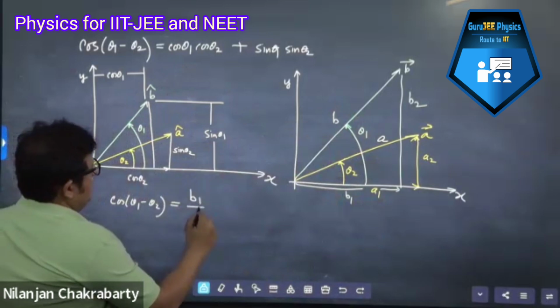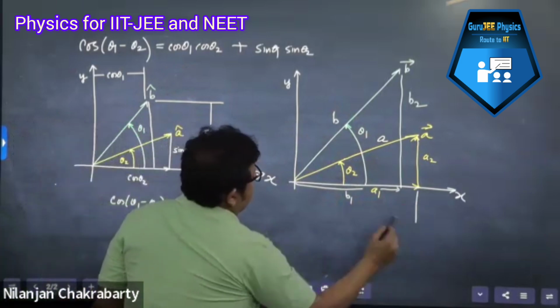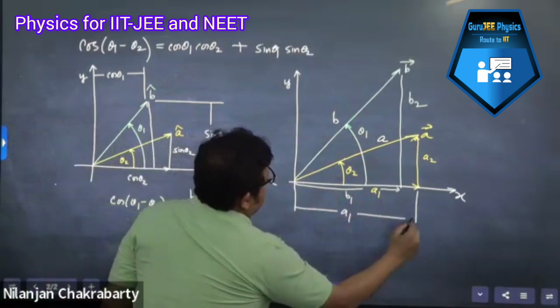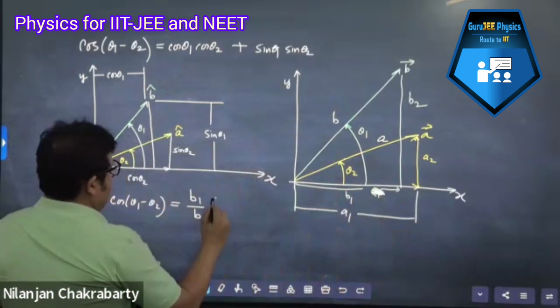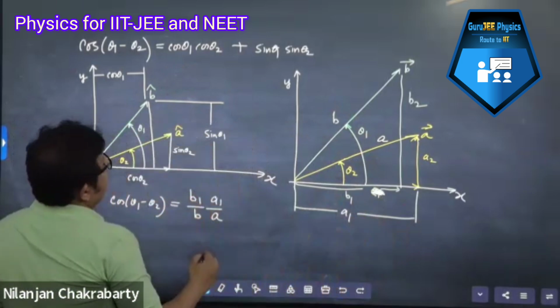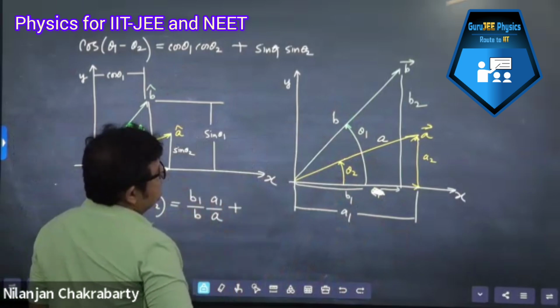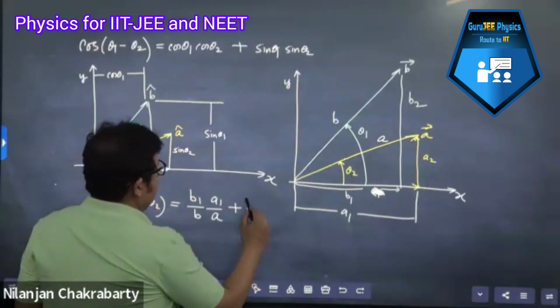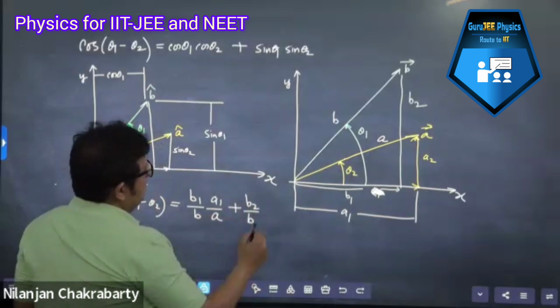B1 by B. Cos theta 2? A1 by A. Now, plus, what is sin theta 1? B2 by B. What is sin theta 2?